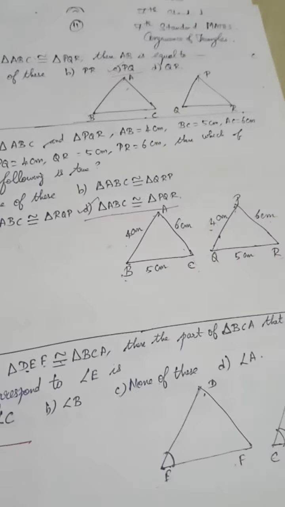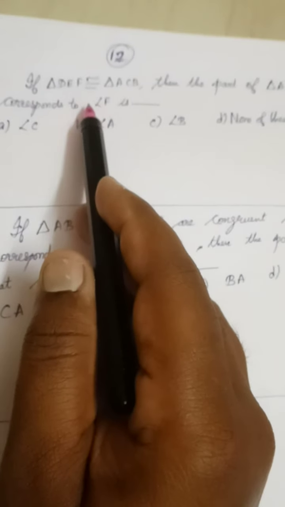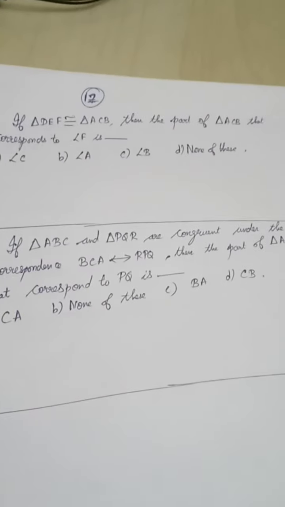The next one. If triangle DEF is congruent to triangle ACB, then the part of triangle ACB that corresponds to F is what?